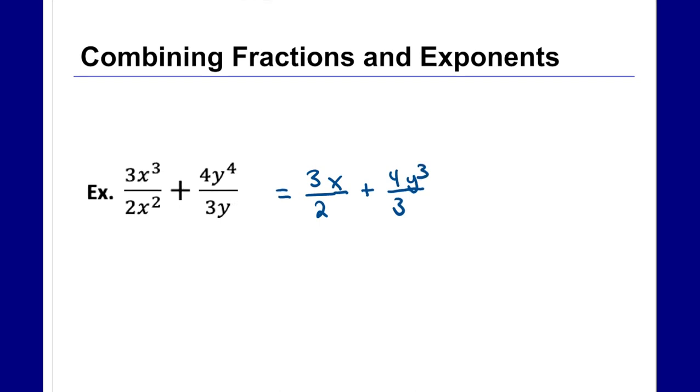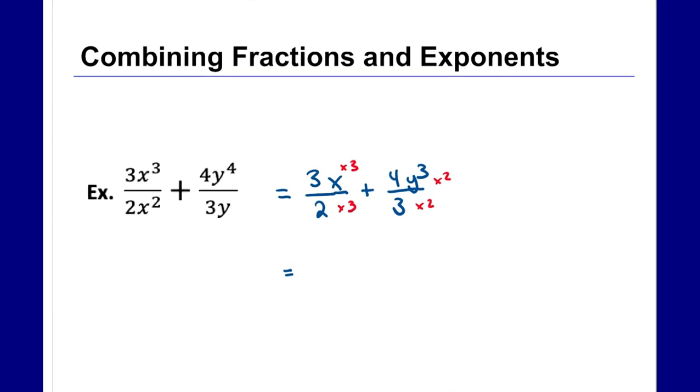Now I can add these fractions by first getting a common denominator. So I have to multiply both sides, because I can get a common denominator of 6. Again, when we're multiplying, you're going to multiply the coefficients. Oops, sorry. This first side should be multiplied by 3, not 2.